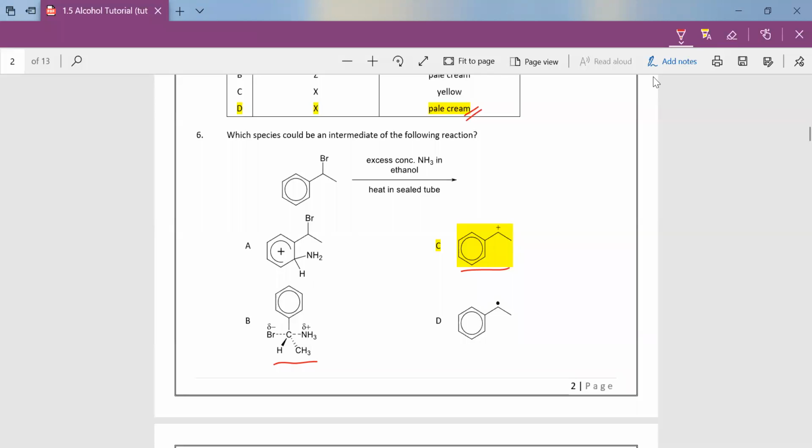The answer is it will undergo SN1 because the negative charge can be dispersed into the ring. Because this C is sp2 hybridized, the negative charge can be dispersed by the ring. That's why it's more stabilized and will be more favorably formed.